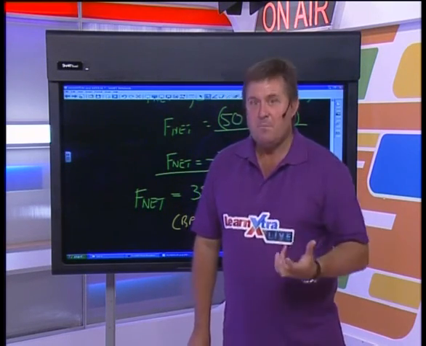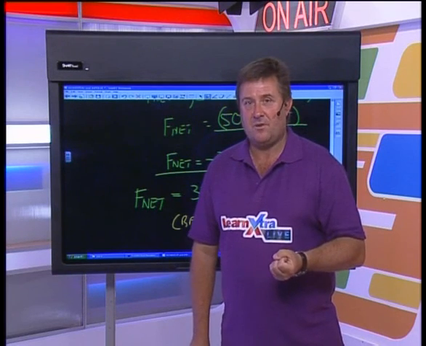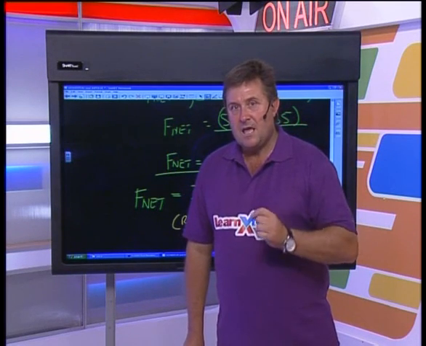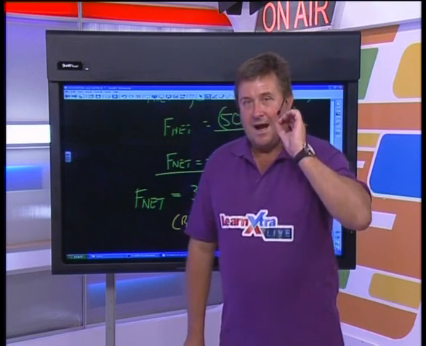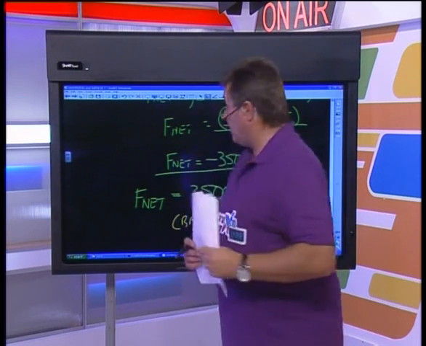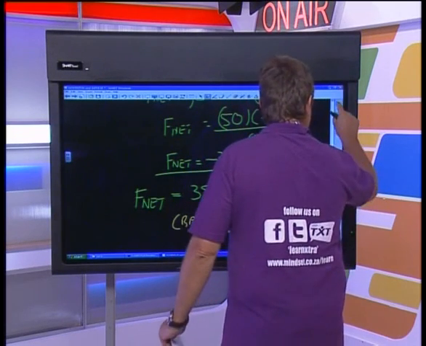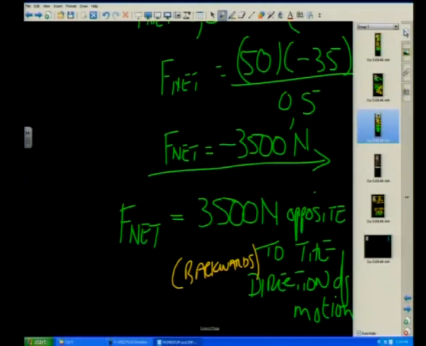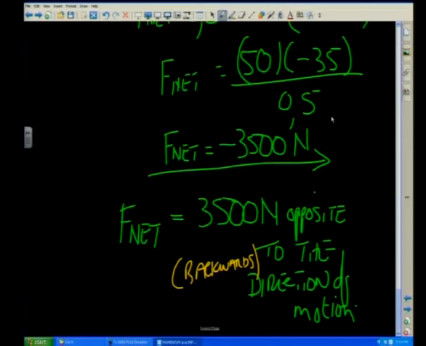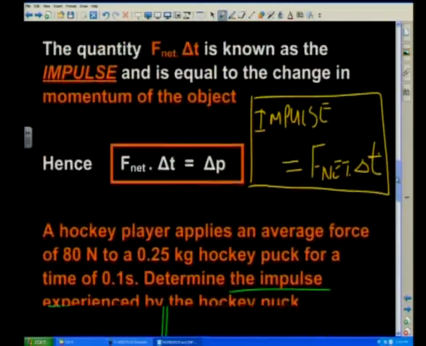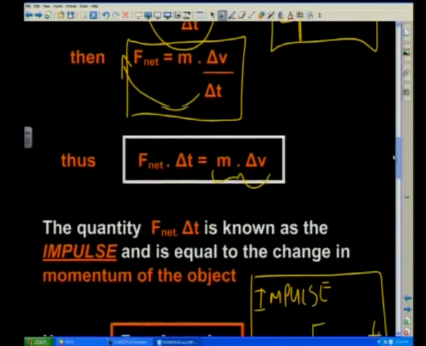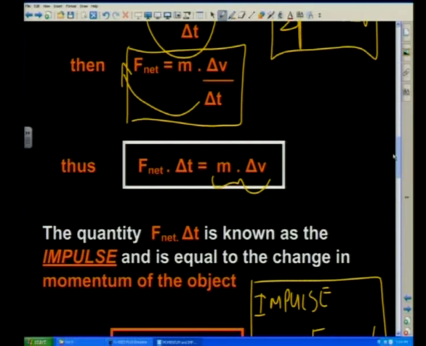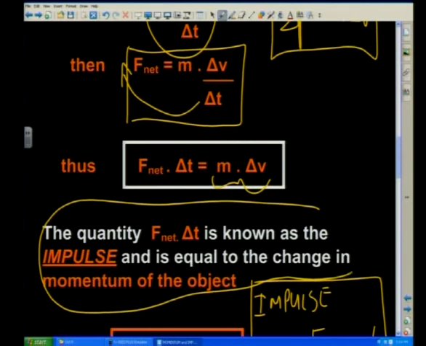Now that, guys, hopefully has given us an idea of how we can use the impulse formula and the impulse calculations that go with it. Very important, guys, that we are able to highlight the important facts about impulse. Now, I just want to go back a slide to my original statement. In this statement, the quantity F net times delta t is known as the impulse.